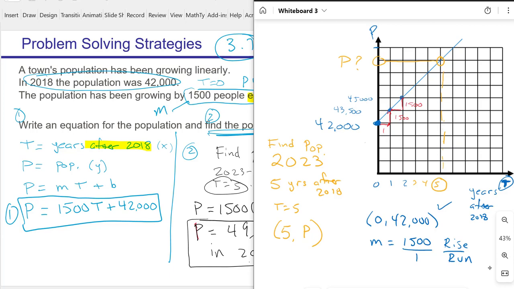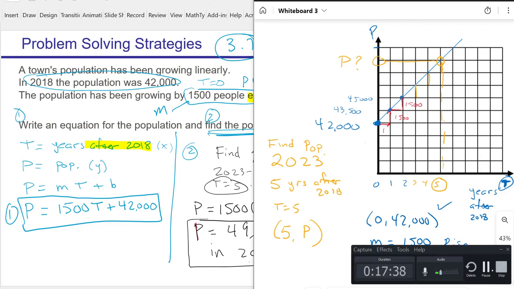So if we were to continue plotting, we would be able to calculate our way up here and realize, well, we went up 1, 2, 3 times, 4 times, 5 times. So if we do 5 times the slope number, that means taking the 1,500 times 5.